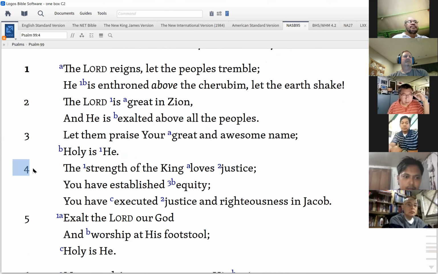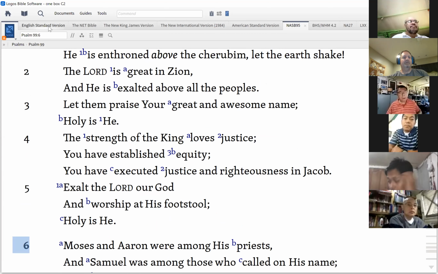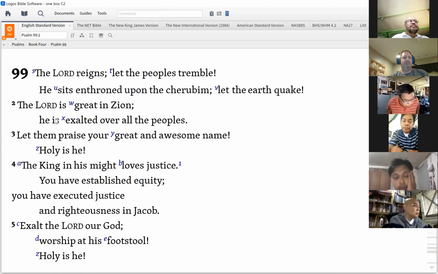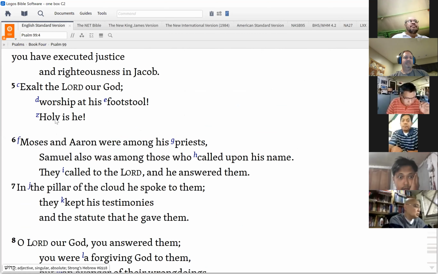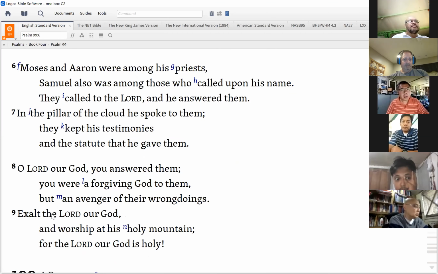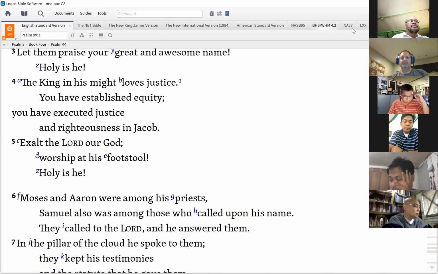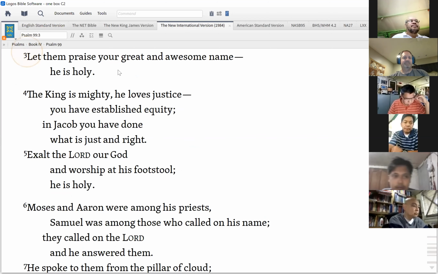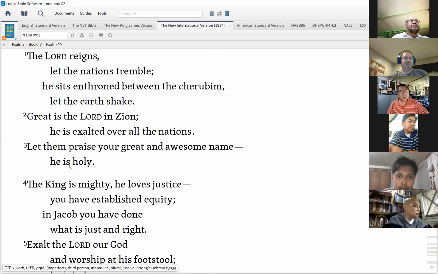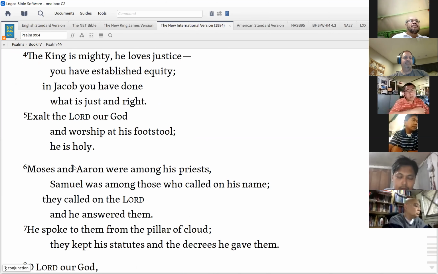And then verse 6. But if you go to the ESV, what the ESV uses is spaces. See that? Between verse 5 and verse 6, there's a space. Between verse 7 and verse 8. If we go over to the New International Version, same thing. Notice there's a space here between verse 3 and 4, and a space between verse 5 and 6.